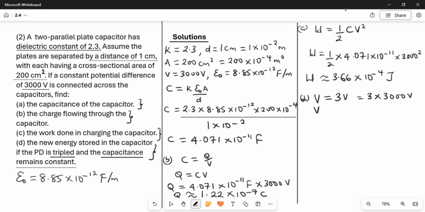And so our new voltage is 9000 volts and the capacitance remains constant. So that W, which is the work done or the energy stored, is equal to 1 over 2 times the capacitance, which is kept constant, multiplied by 9000 squared.